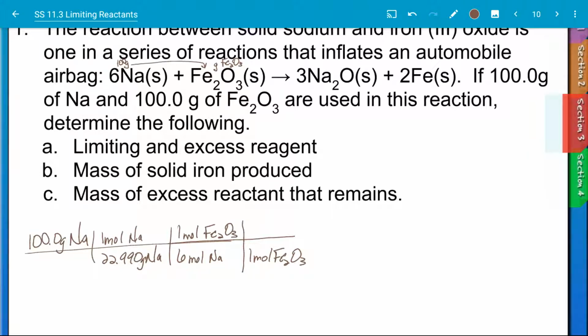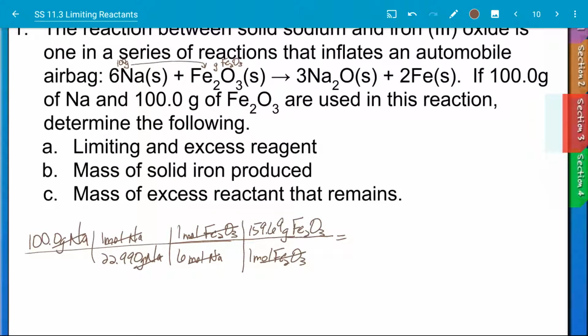So 1 mole of iron 3 oxide will weigh 159.69 grams of iron 3 oxide. So then my grams of sodium cancel out, my moles of sodium cancel out, my moles of iron 3 oxide cancel out, and I'm left in grams of iron 3 oxide.